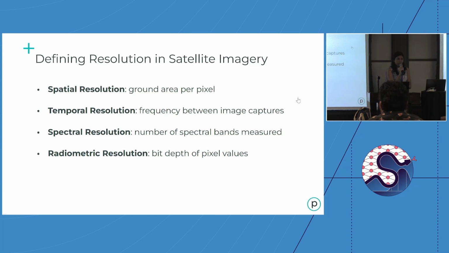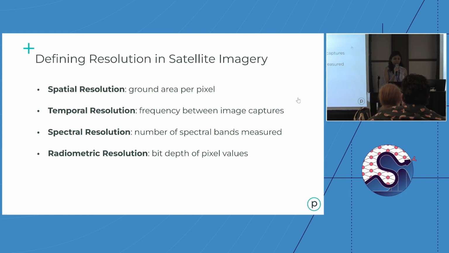You might also have heard of the concept of resolution when it comes to geospatial imagery. It's a little confusing because there are so many different types of resolution. So let's just go over them really quickly. The first is spatial resolution. This is probably what you think of most commonly when you think of the word resolution. So let's go back to that beach image.